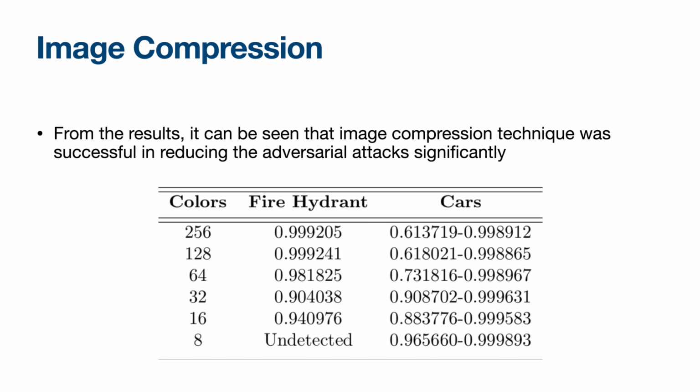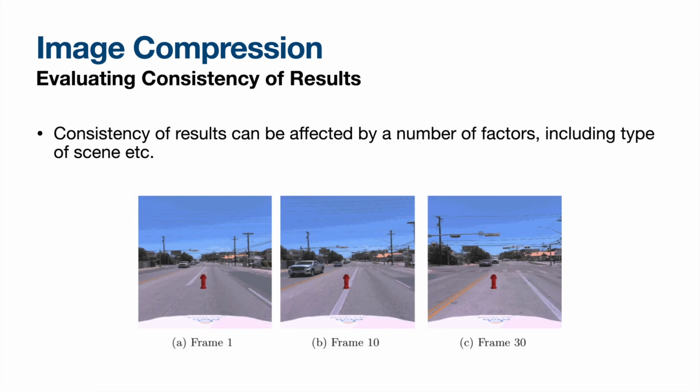Nonetheless, even at level 16, detection ratios for both fire hydrants and cars remained high at 94.1% and 88.4% to 99.9% respectively. It should be noted that in real-life scenarios, the level of image compression will not be as low as 8.